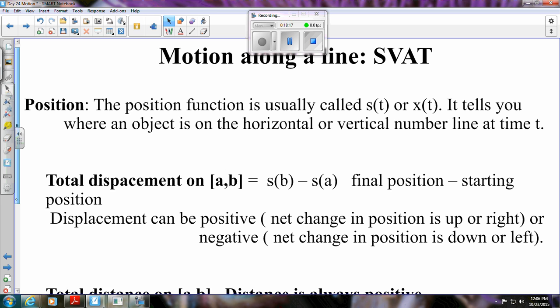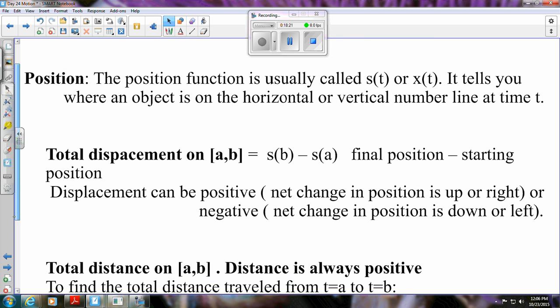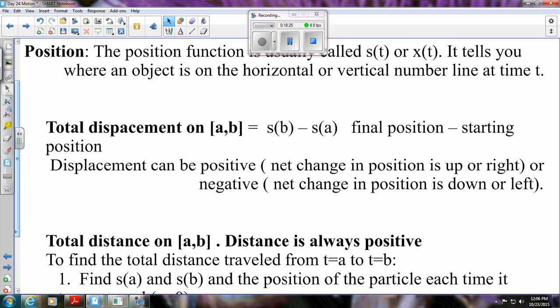Now, we said position tells you where the particle is on the number line. We use either s of t or x of t. Related to position, we have the term displacement. Displacement means the interval from time equals a to time equals b, and the way you find it is you take your final position and subtract your starting position.